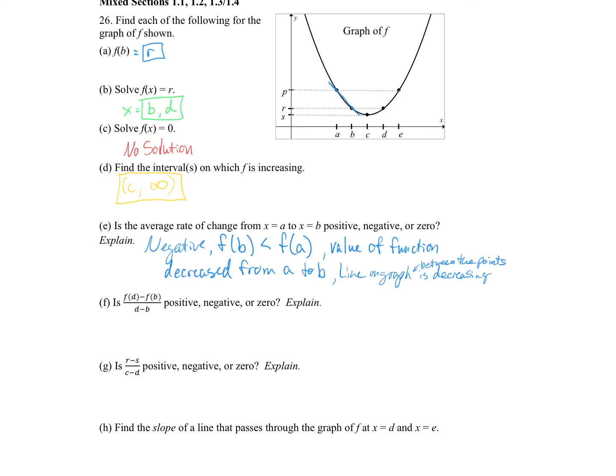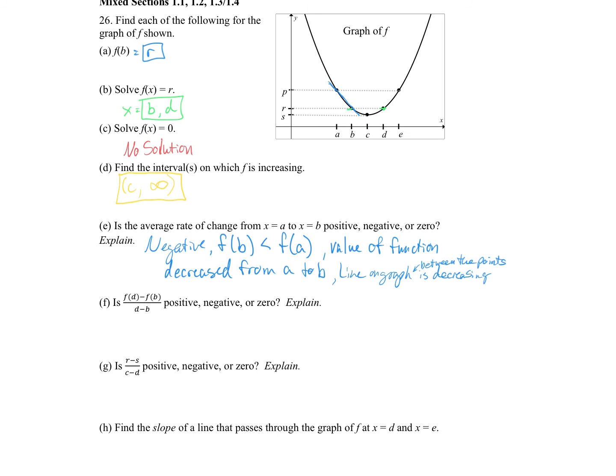And we are going from b to d in this one, and I know that because in the slope equation, it always goes final minus initial, right? So here, I'm changing over to green. And if we look up here on the graph, we're doing f of d, so that is r, minus f of b, which is also r.